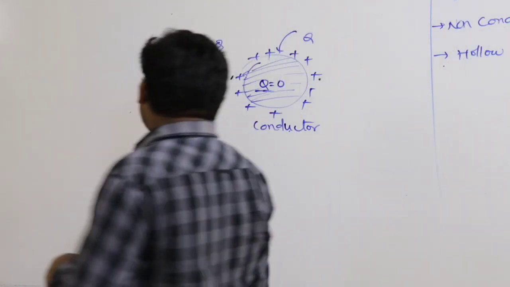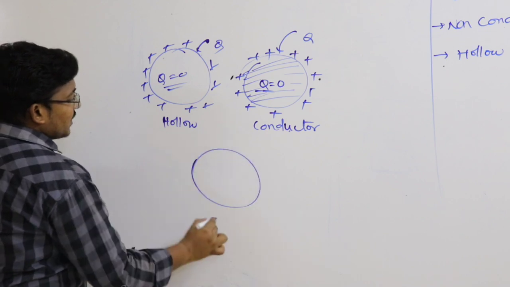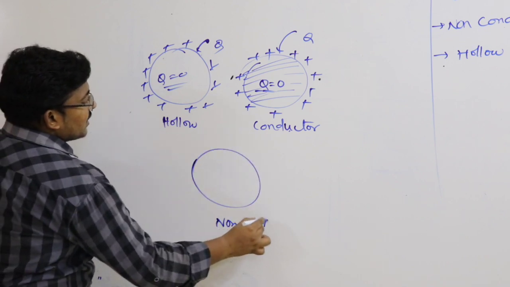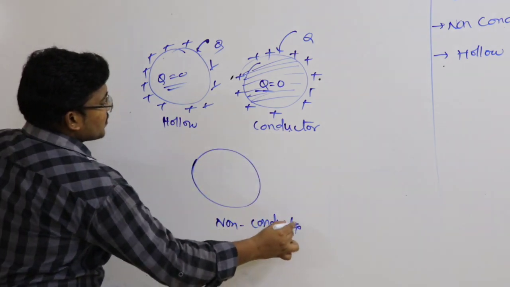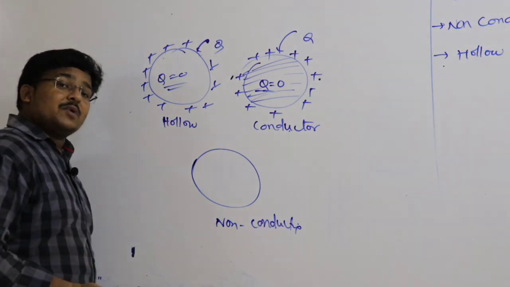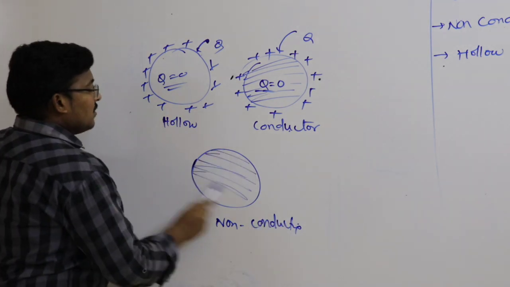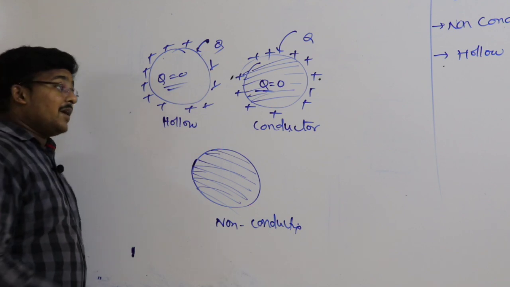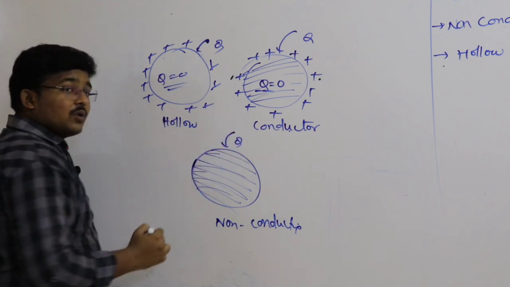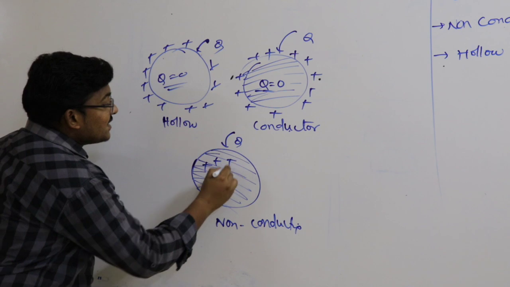Now what about non-conducting? If I take a non-conducting sphere, non-conducting means it has material, and if I give some charge Q, it distributes inside.